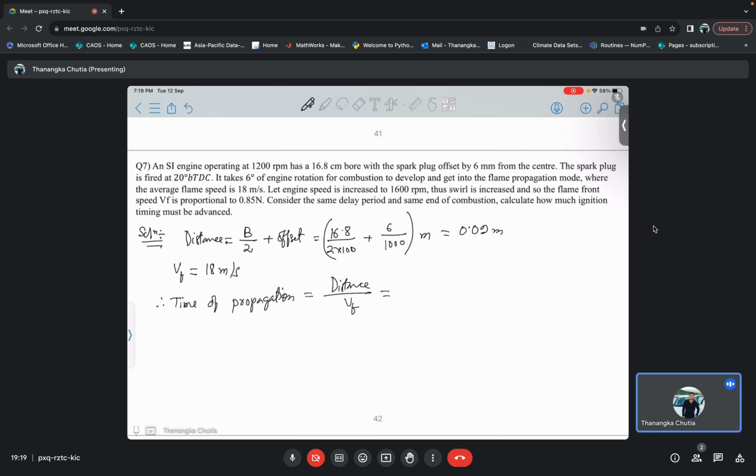Distance divided by speed is equal to time, so this will be 0.09 divided by 18. You'll get this in seconds. So this is 5 into 10 to the power minus 3 seconds.